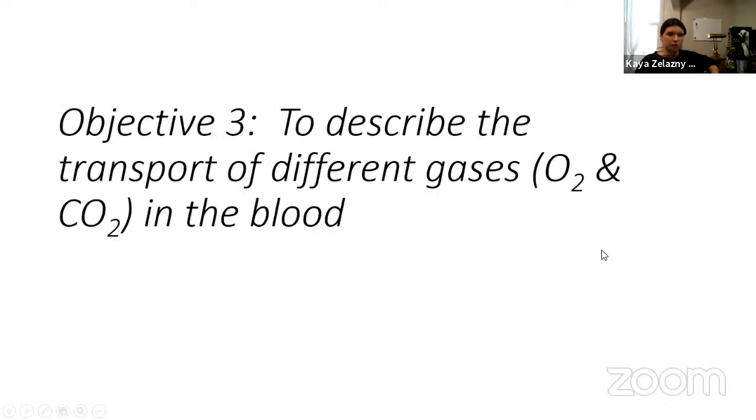Okay. So after we get oxygen and carbon dioxide into the blood, we are interested in how they're moving around. And thus far, we've just been talking about partial pressures. Really, we've been talking about stuff dissolving in the plasma. But we remember that we have these special molecules in our red blood cells, right?